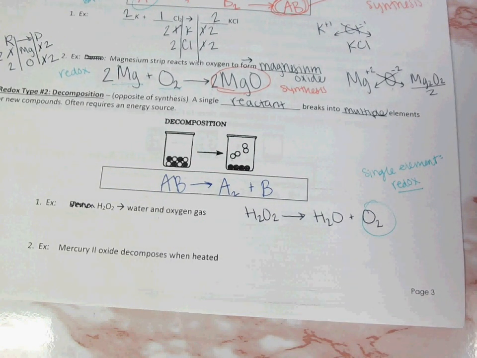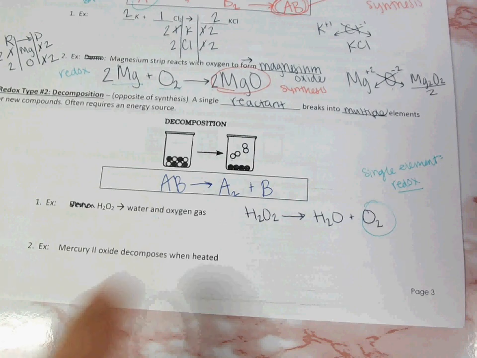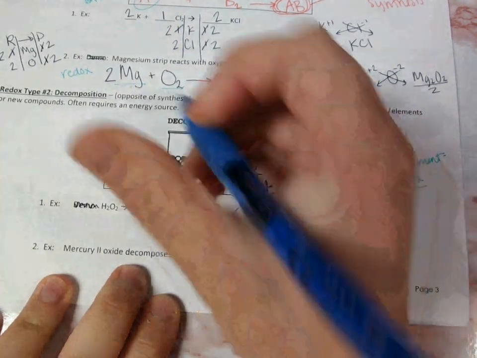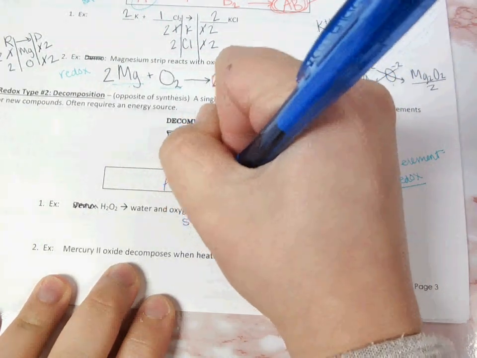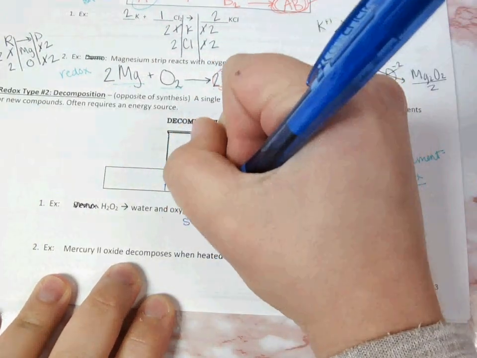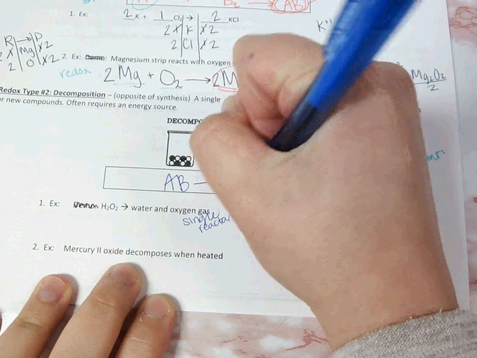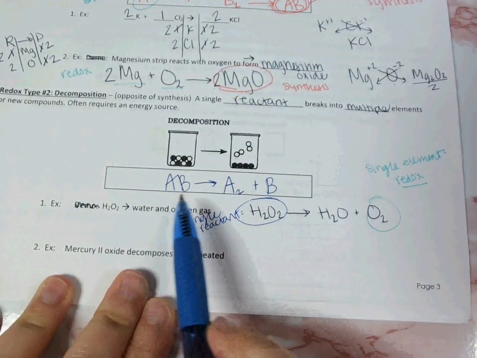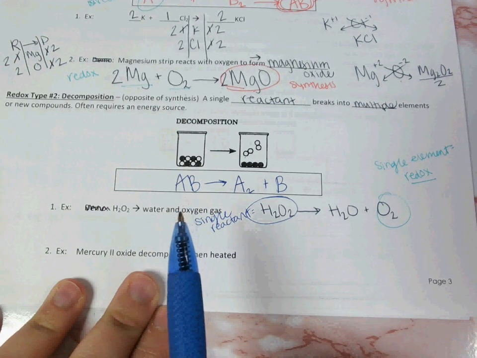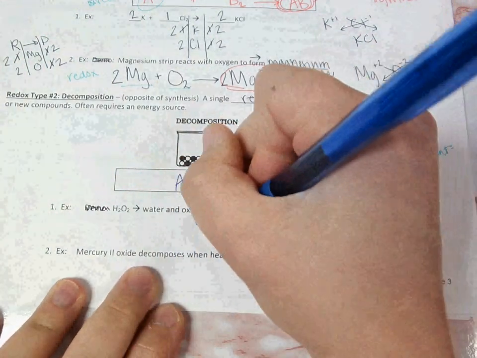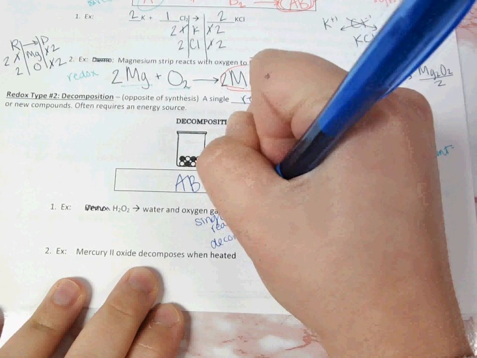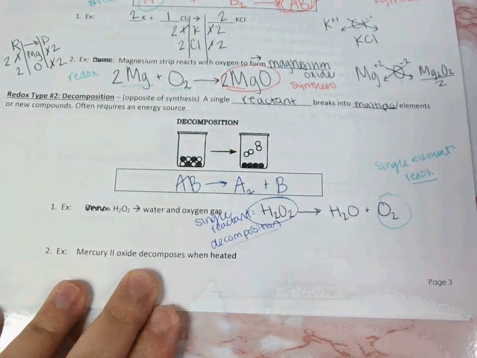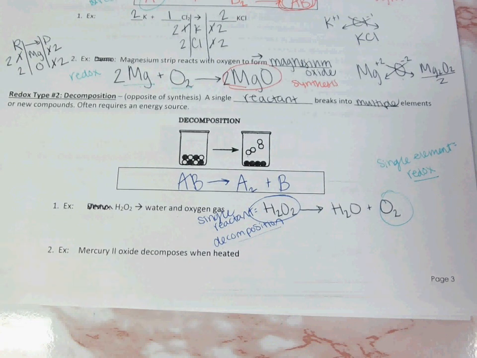And then the fact that I have a single reactant breaking down into multiple products, single reactant tells me what type of reaction? Decomposition. Perfect. Good. Decomposition, like decomposing. So that's what's happening.